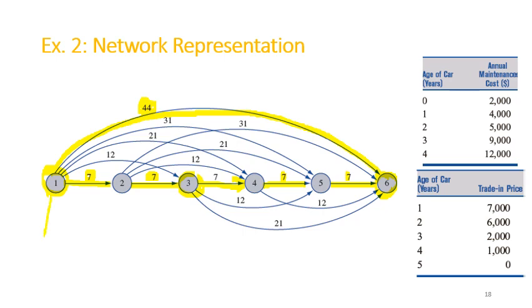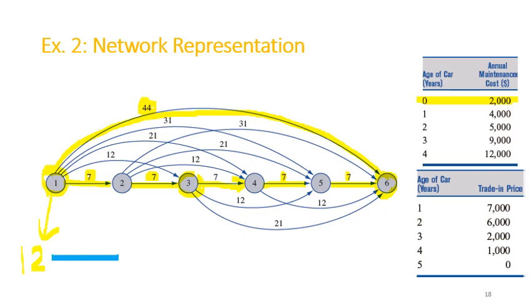So at the beginning of year 1, I bought a new car. So it cost me $12,000. And then I have the maintenance cost of 2,000. This is from year 1 to year 2.